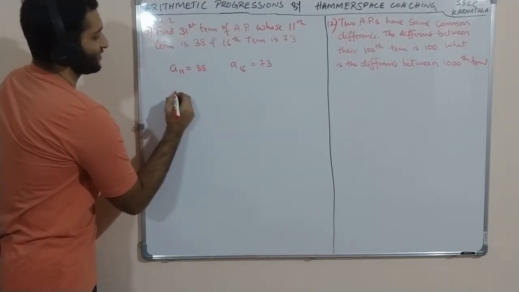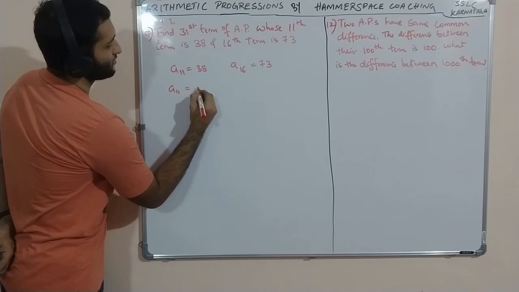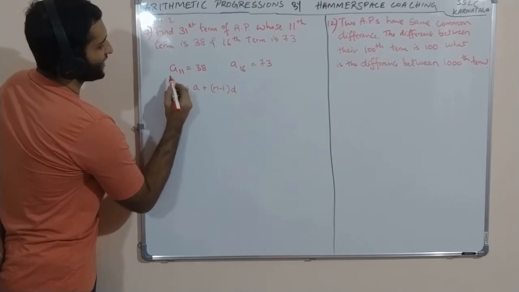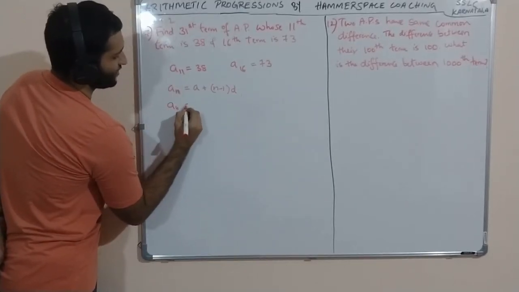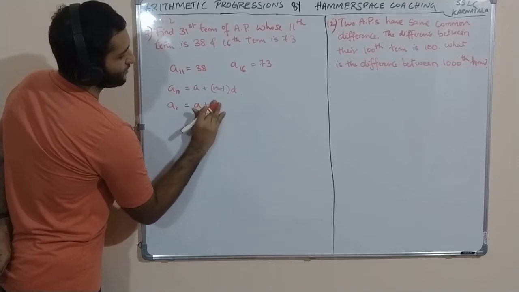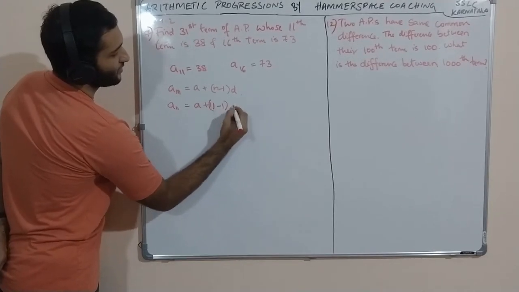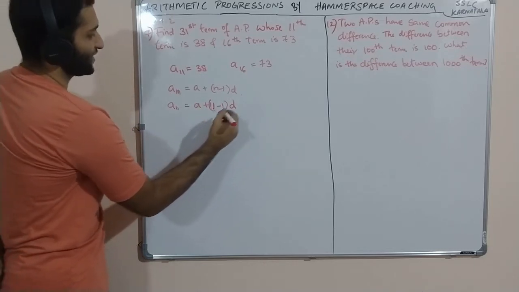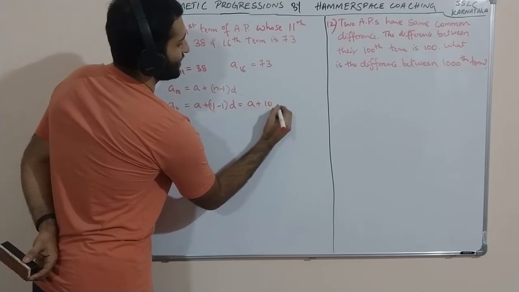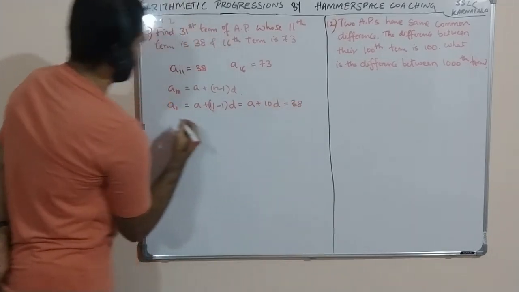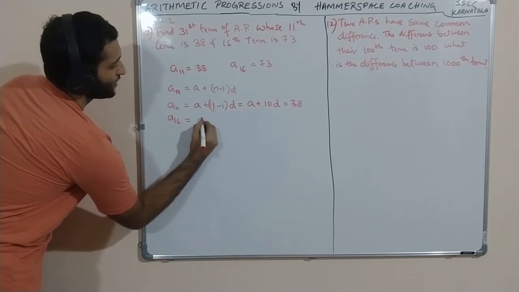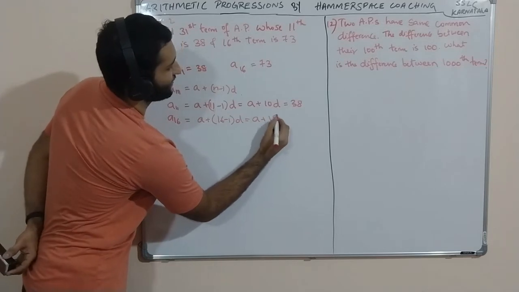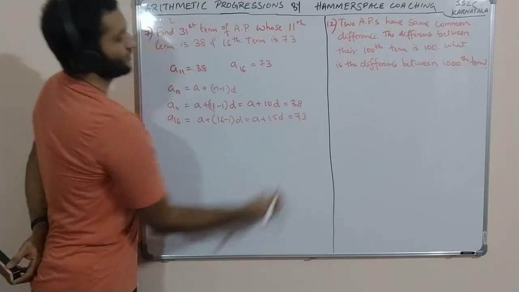Let's write an equals a plus (n minus 1) into d. Therefore a11 equals a plus (11 minus 1) into d, which is a plus 10d equals 38, and a16 equals a plus (16 minus 1) into d, that is a plus 15d equals 73.